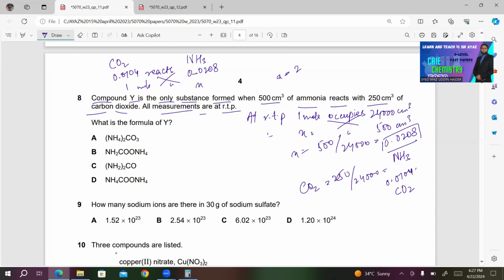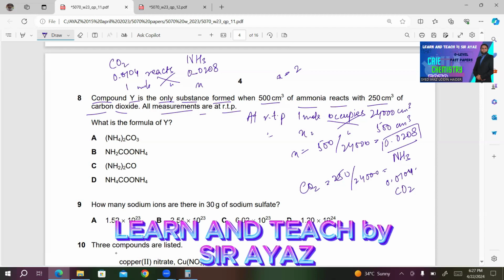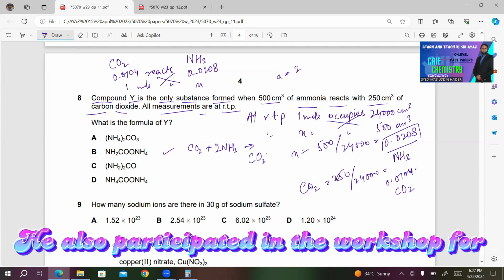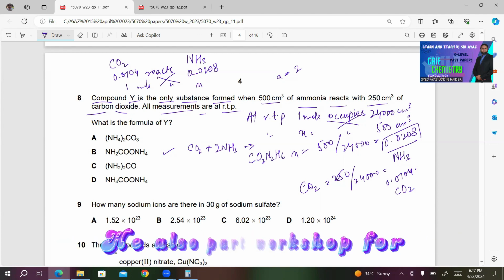If you look at the choices, only choice B seems right, in which 1 mole of carbon dioxide has reacted with 2 moles of NH3, because the compound has CO2, N2, H6.